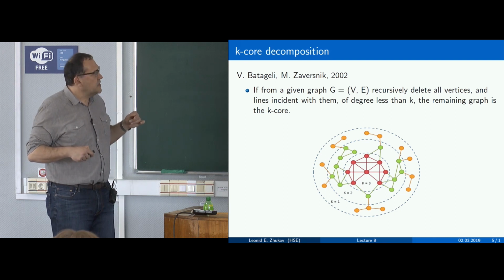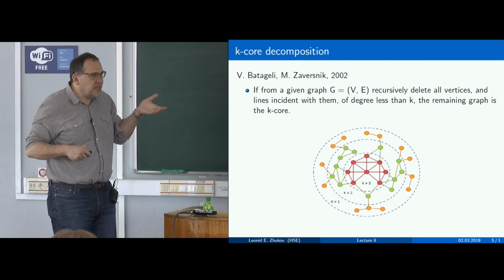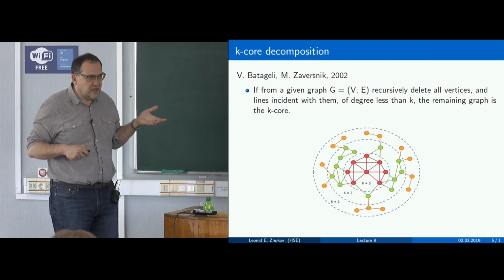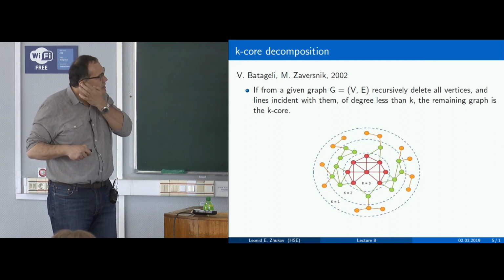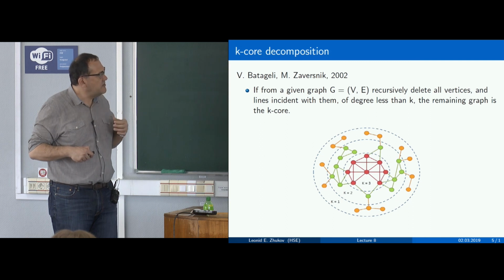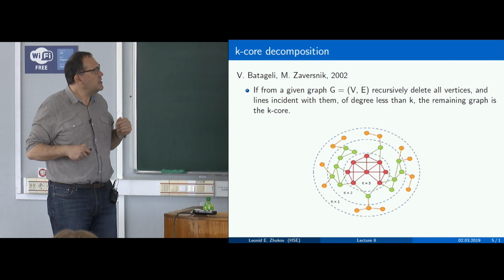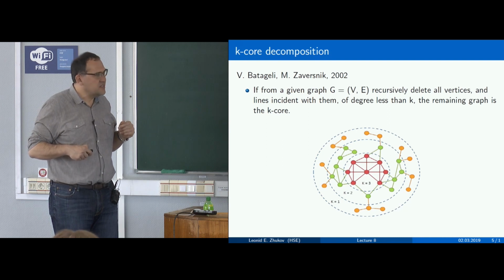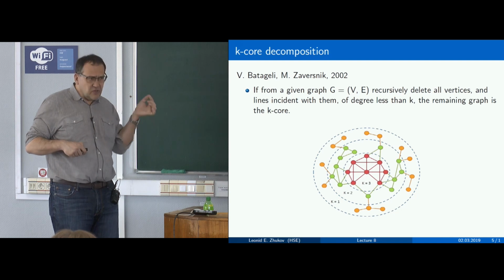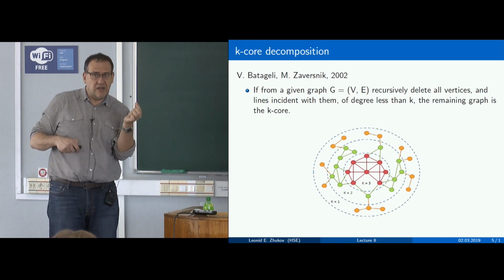Notice that the higher the core, of course, the denser the pattern there. But it's not necessarily a clique. It is not necessarily that everything is connected, but it is the densest part of the graph. And core 1 is the sparsest connection. Core 1 allows you to get rid of long chains that are attached to the graph.